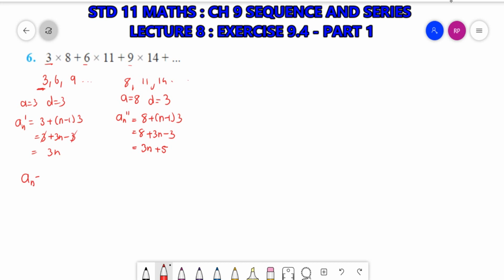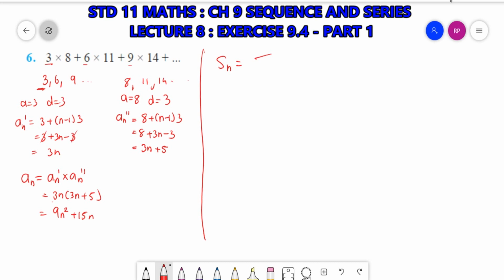So the required an will be equal to an dash into an double dash, 3n into 3n plus 5. So 3 into 3n into 3n is 9n square plus 15n.